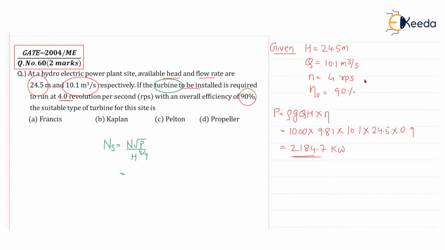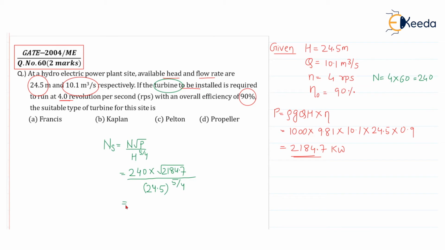Small n is given as 4, so capital N in RPM will be 4 into 60, that is 240. So 240 into root under P. Power is 2184.7, and this power is in kilowatt only, divided by H, head given 24.5, to the power of 5 by 4.